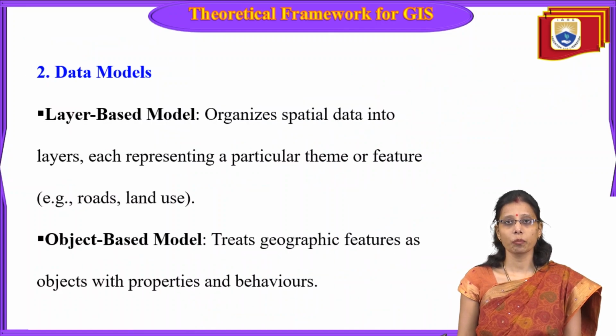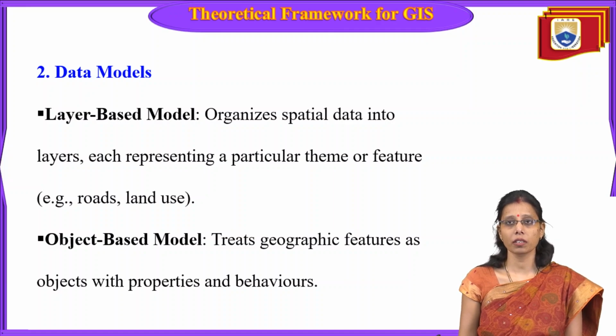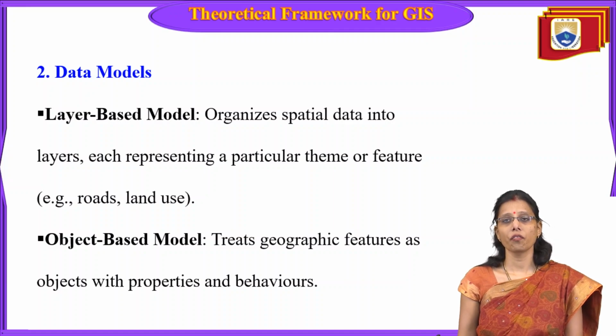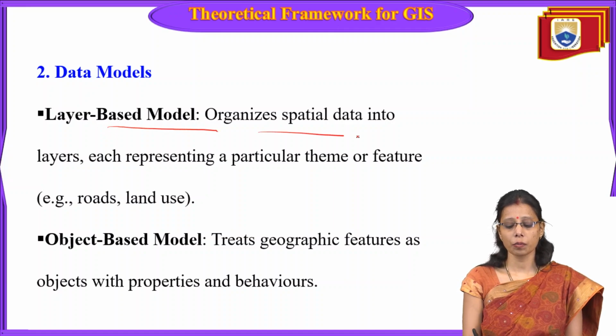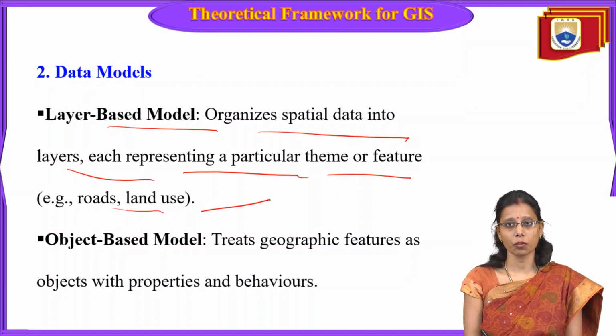Next we have data models. In GIS, when we talk about the theoretical framework, data models also contribute to it. If you want to make and run a data model, you have to consider this framework, starting from the real world to the final model process. The layer-based model organizes spatial data into layers, each representing a particular theme or feature, like roads and land use.